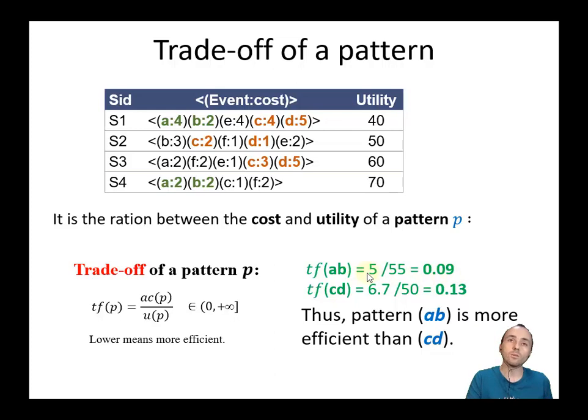So if we look at other patterns like C and D, the trade-off is a little bit higher, 0.13. So that means the pattern AB is more efficient than CD. We can assume. Okay. So of course these are just some measures, but it can give us some indication that AB should be more efficient. Because if we spend some time to do AB, some cost to do AB, then we expect to have more utility for the time we spend. The ratio is higher.